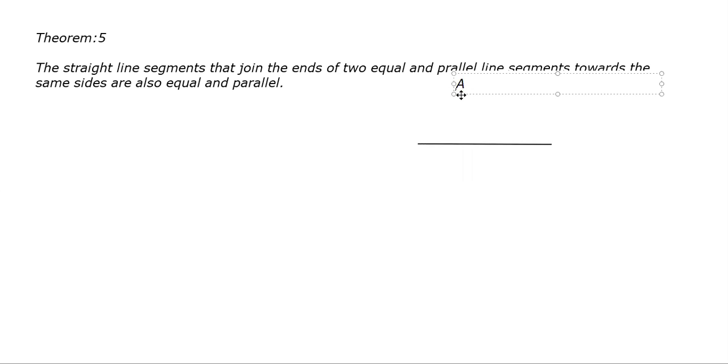This is A. Let it be B. AB and CD are two equal and parallel lines.